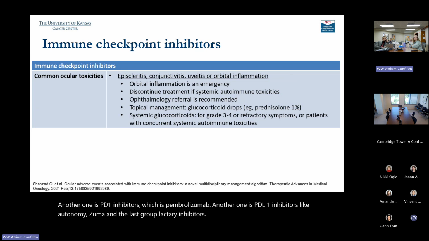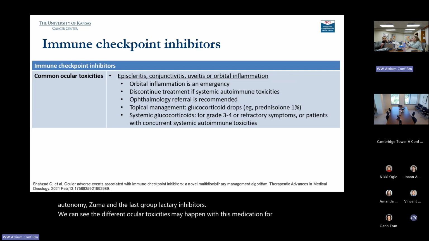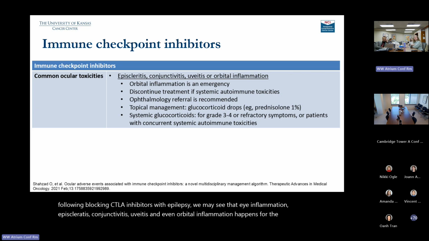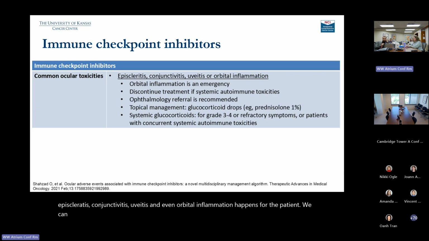We can see that different ocular toxicities may happen with these medications. For example, following blockade of CTLA-4 with ipilimumab, we may see eye inflammation, episcleritis, conjunctivitis, uveitis, and even orbital inflammation in the patient. We can see symptoms like photophobia, pain, dryness of the eye, and blurred vision with ipilimumab.